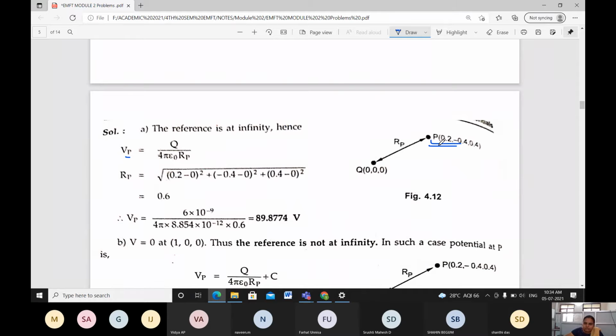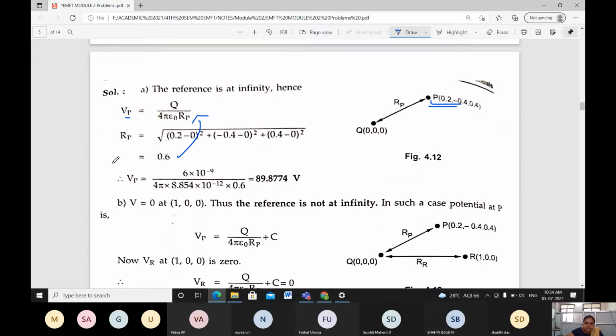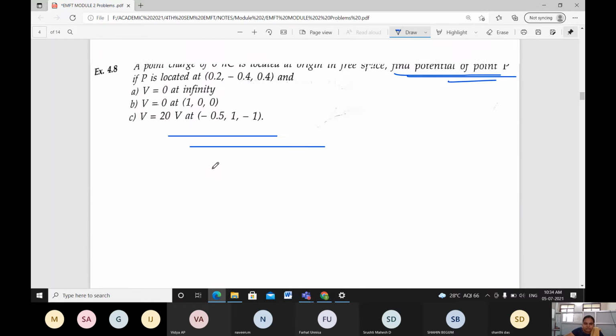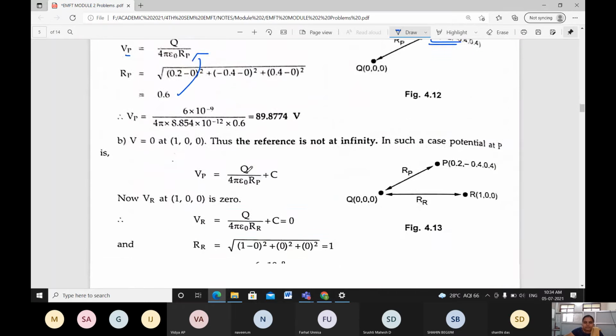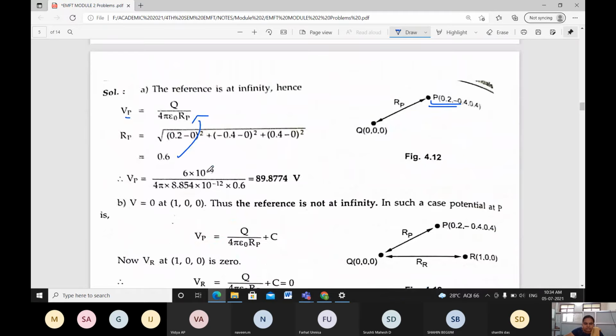Therefore Rp is the square root of (0.2 minus 0) squared plus (-0.4 minus 0) squared plus (0.4 minus 0) squared, which gives 0.6. Substituting in the equation, Vp is 6 times 10 raised to minus 9, the 6 nanocoulombs given, divided by 4 pi times 8.854 times 10 raised to minus 12, which is epsilon naught, times the distance 0.6.